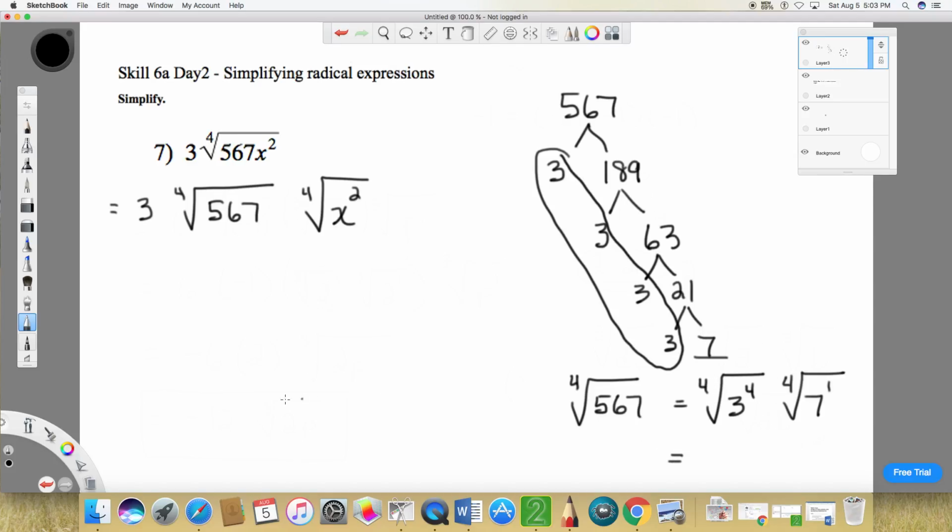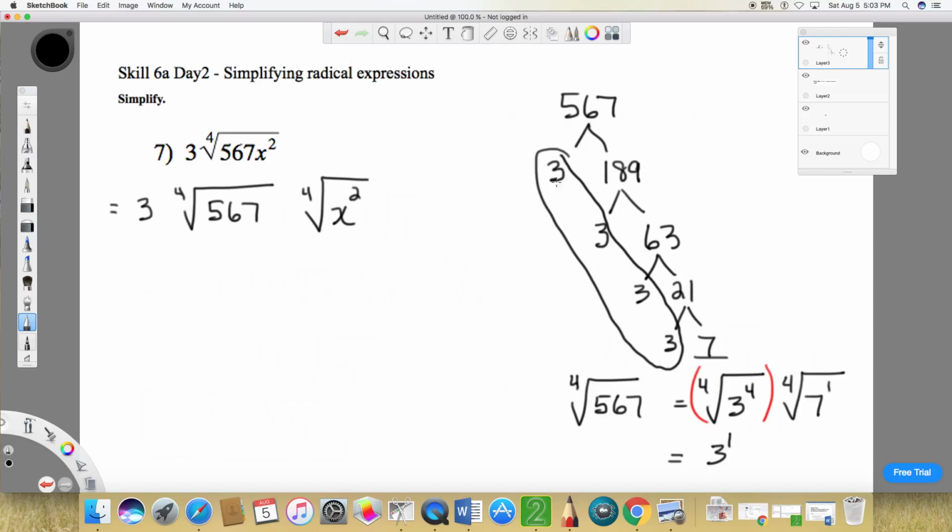But this is just a very ugly way to write the number 3, because you have one group of 3, so that's 3 to the 1st power, and you can see that by taking the exponent divided by the index. 4 divided by 4 is 1.